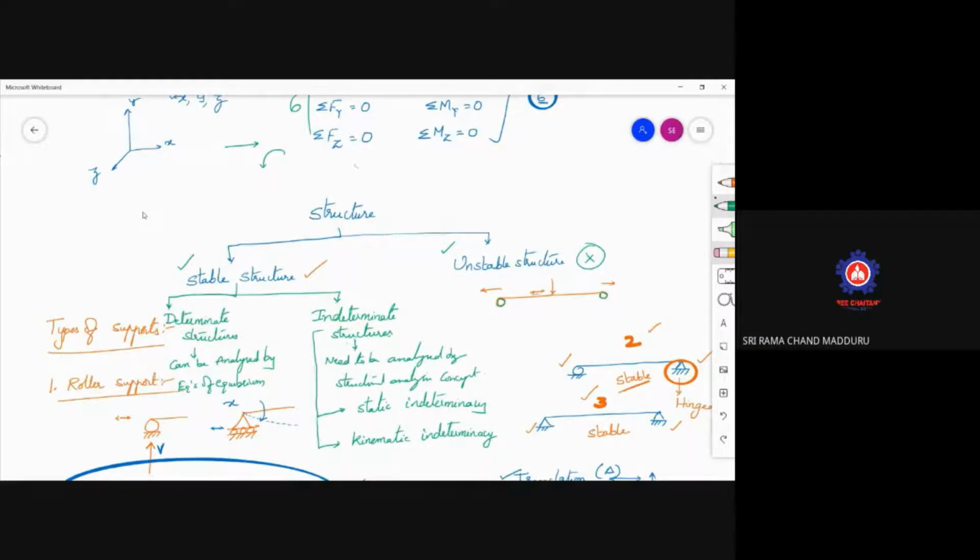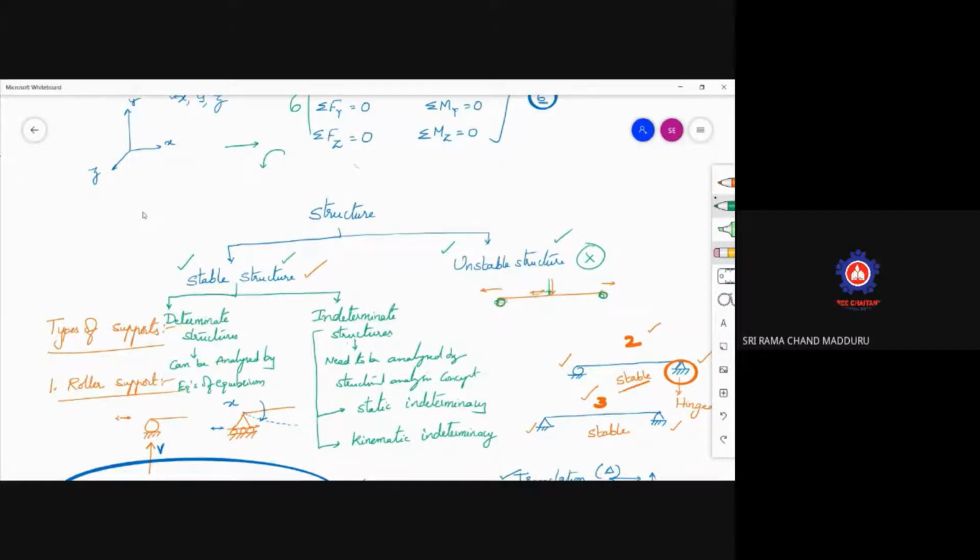It is like your computer chair or revolving chair, where with a small movement it will displace. So that structure is not stable upon application of the loading. Those types of structures we call unstable. These are not at all analyzed. We will study only stable structures.